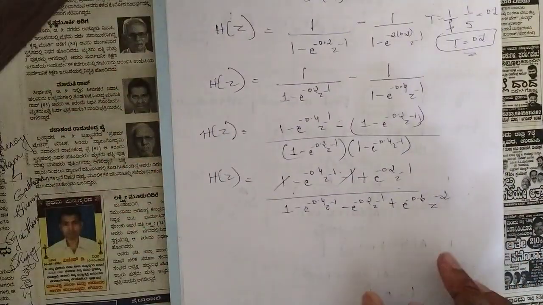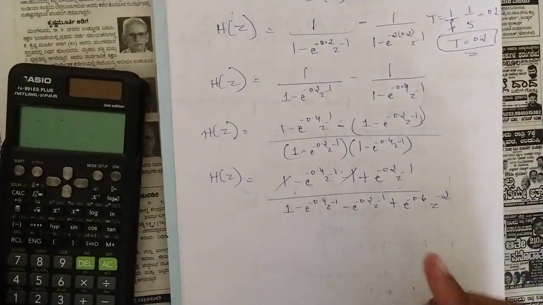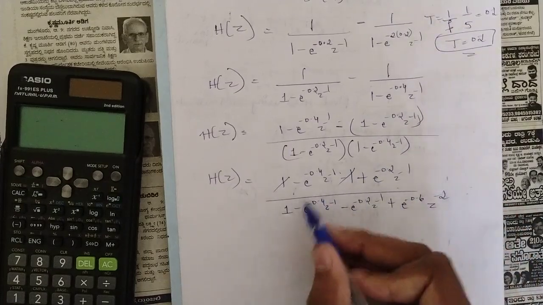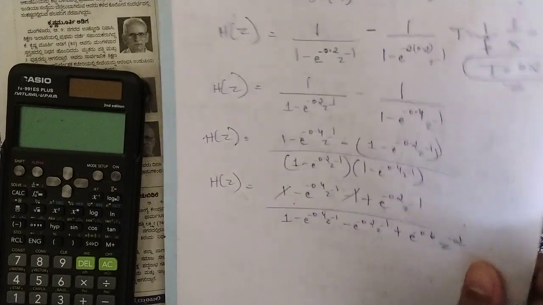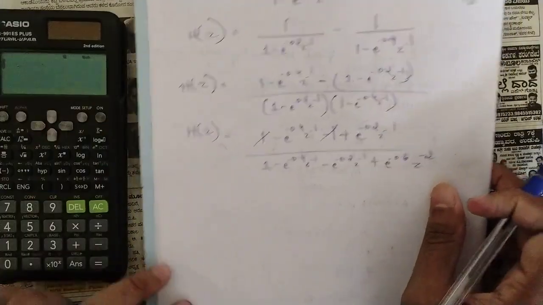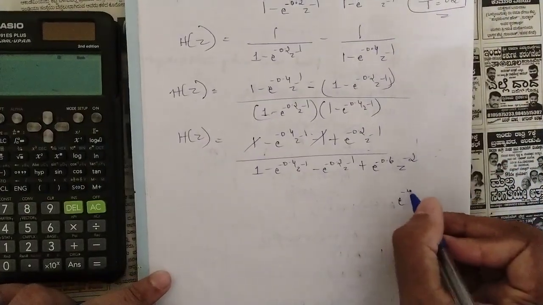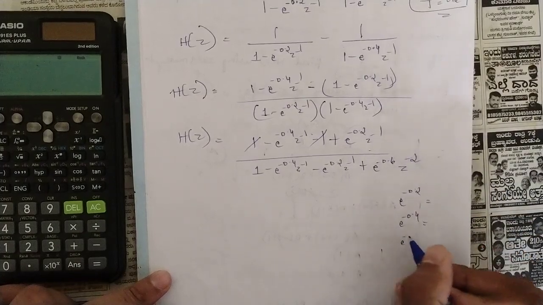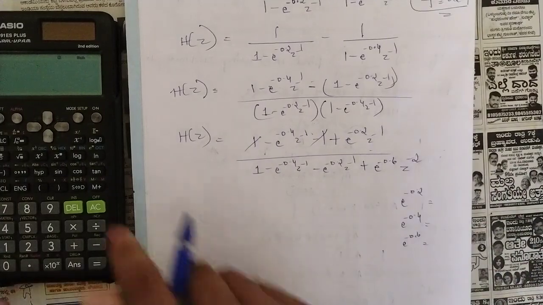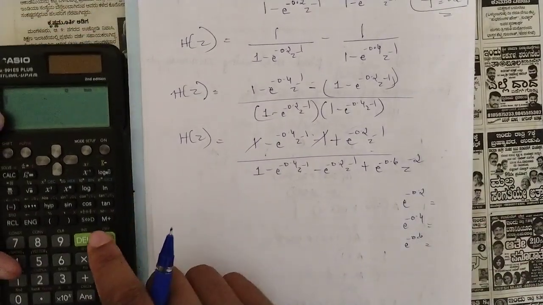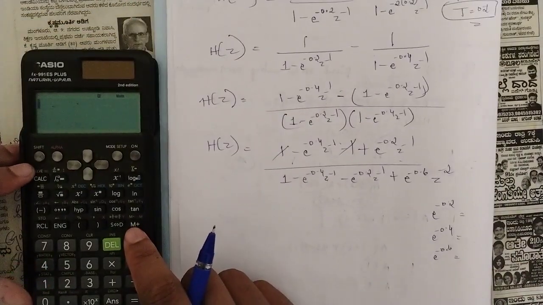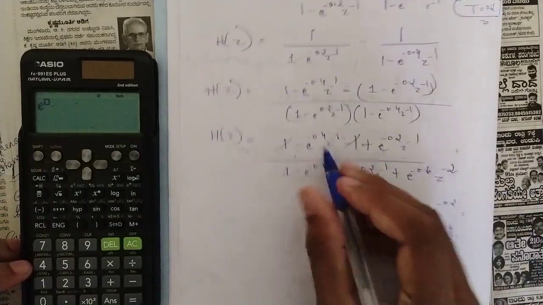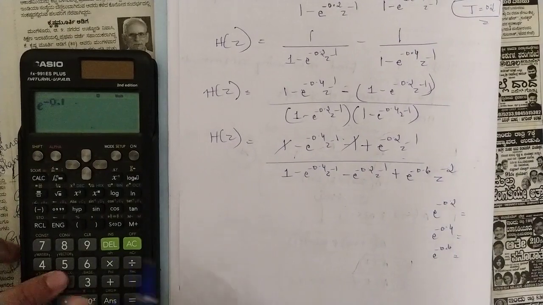So now substitute the value of e power minus 0.2, e power minus 0.4 and e power minus 0.6 and conclude this equation. Put it in the calculator. How to write e? Shift ln e. Power, here we have minus 0.2.